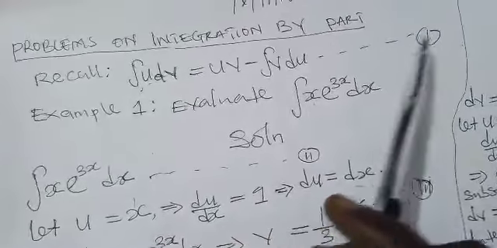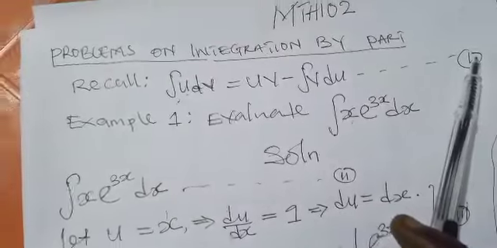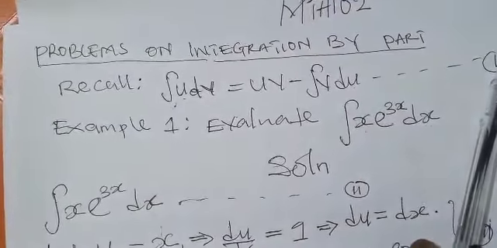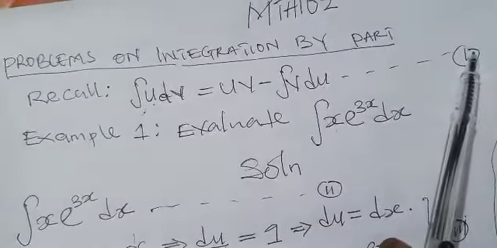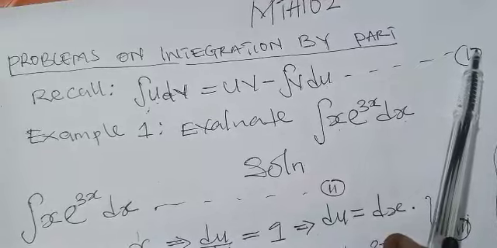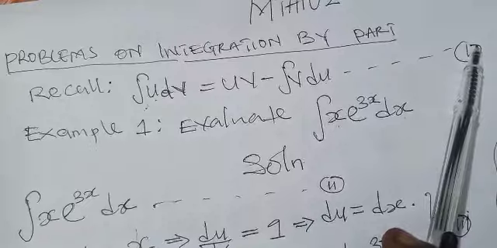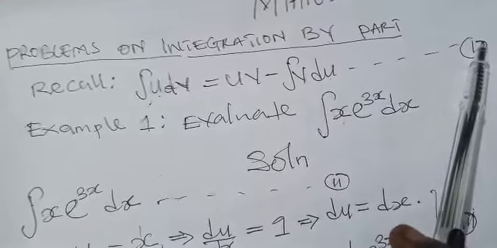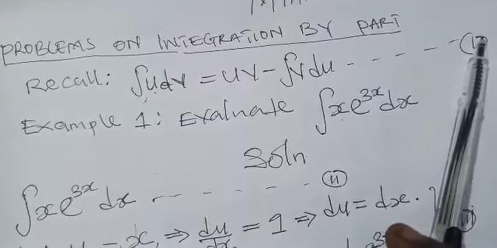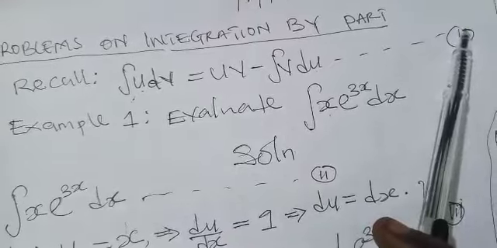We want to call it equation 1. And this is the key principle behind integration by parts: integral u dv equal to uv minus integral v du. Of course, it's coming from the product rule from differentiation.